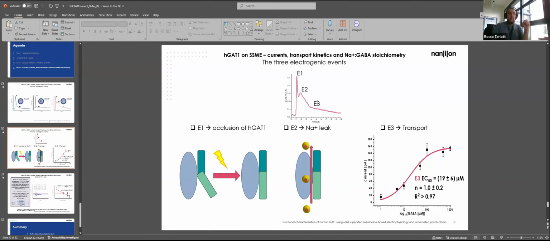It is another pre-steady state current that is completely driven by voltage. So in this case, we don't see it with SSME, we see it with two-electrode voltage clamp. And this is basically the voltage-dependent flip of the transporter from the inward facing to the outward facing state before being ready to receive sodium.